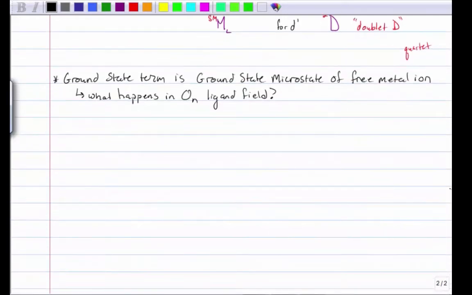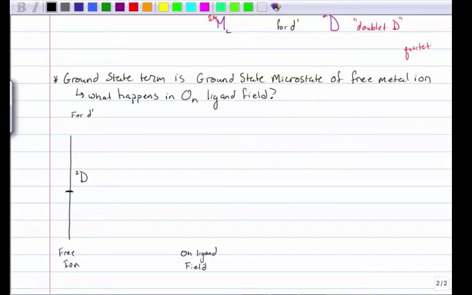It actually splits just like the d orbitals do. So I'm going to write something called a correlation diagram here. This is the energy on the y-axis, and I'm going to put my D ground state here. So this is my doublet D. Remember, this is for a d1 metal ion, so this is a simple case. Here's free, and over here I'm going to write the octahedral ligand field.